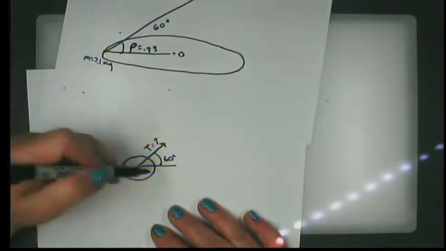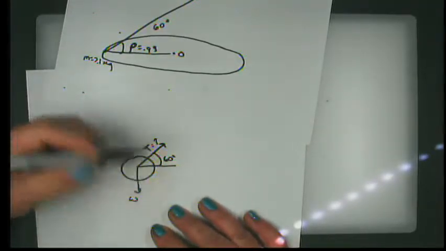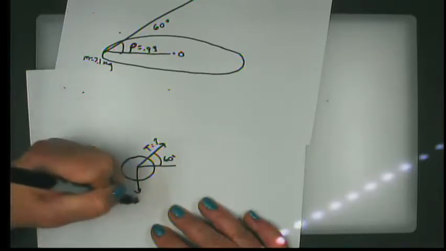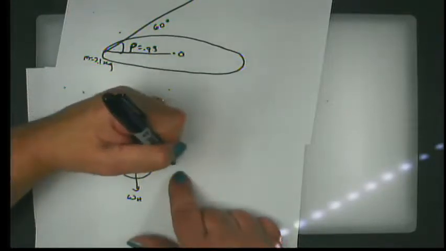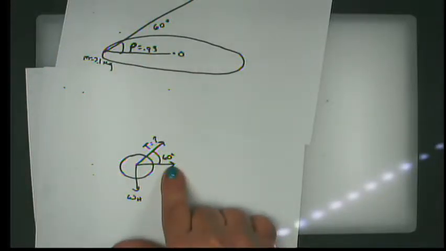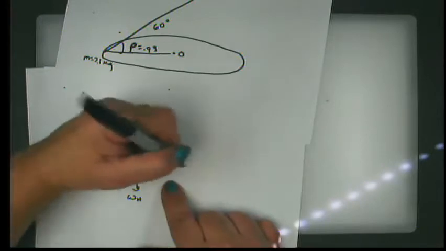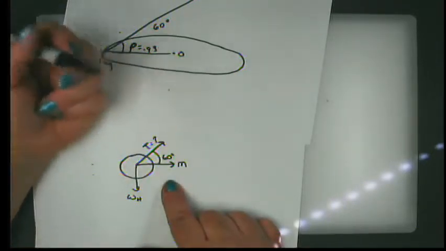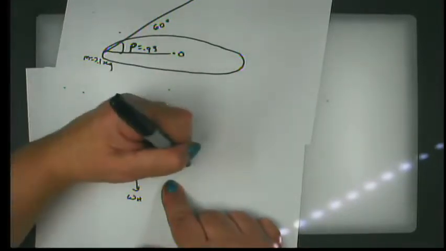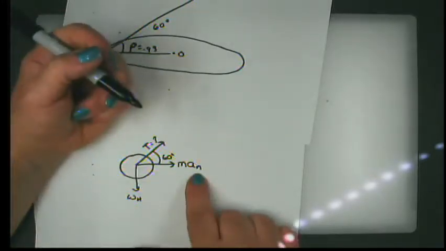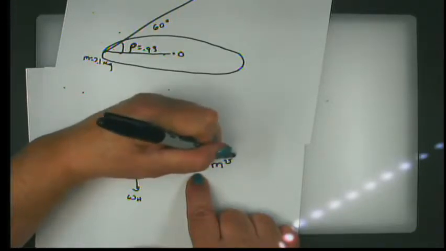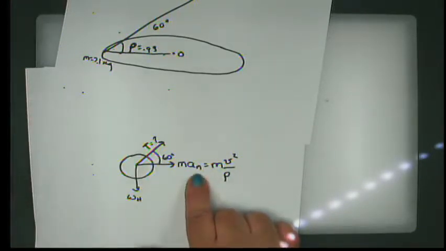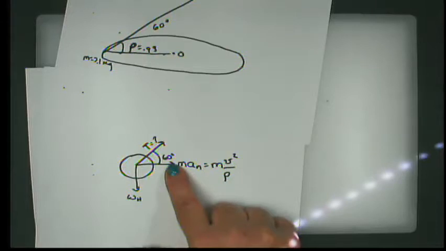And we also have the weight of the hammer acting down. Now, along that horizontal circle is where we have the acceleration, and the acceleration is that normal acceleration directed toward the center of this circle. So it's going to be m times v squared over rho. That's the acceleration in this direction.